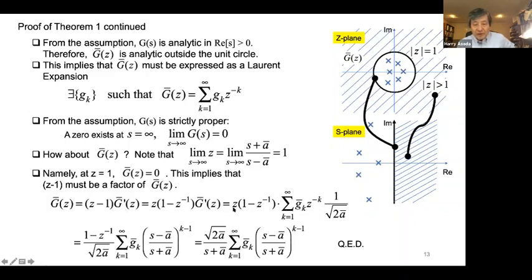So first of all, let's put this Z into this. So this part becomes Z^(1-K), right? Now Z is basically S plus A over S minus A, right? Let's put this one upside down.